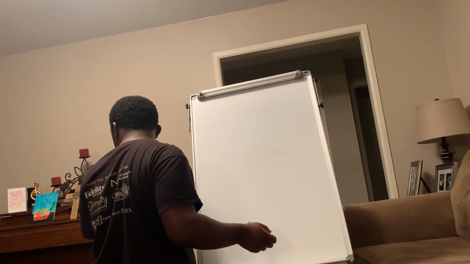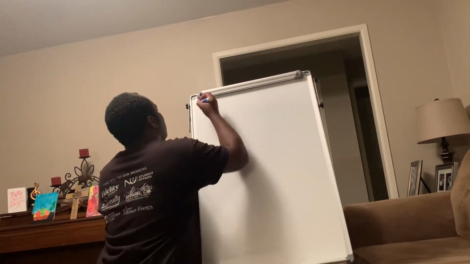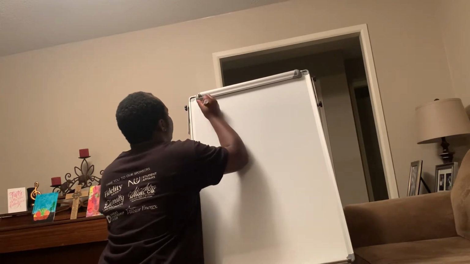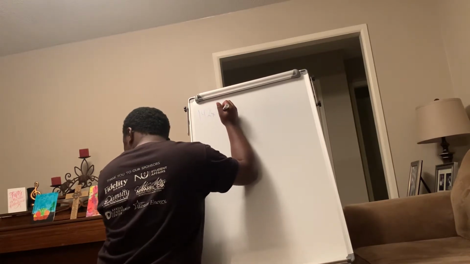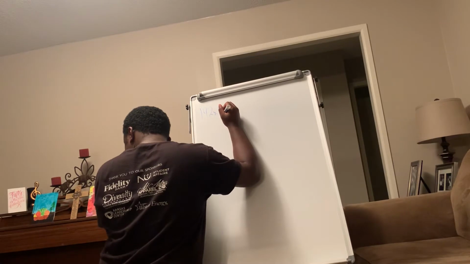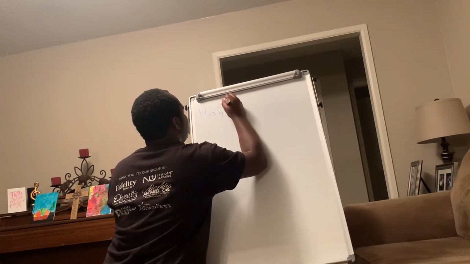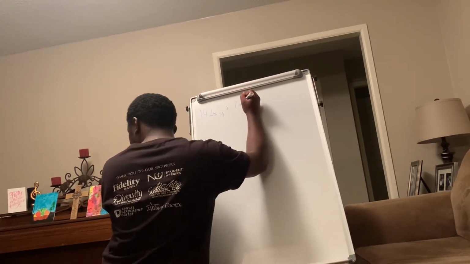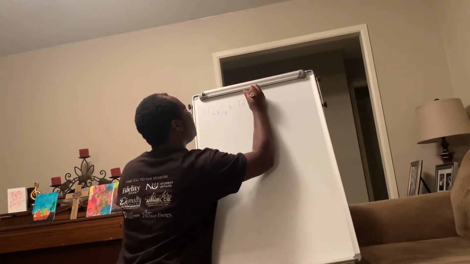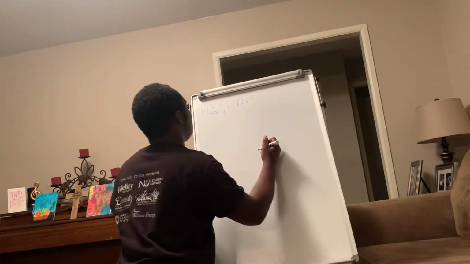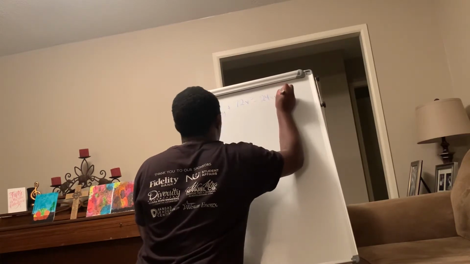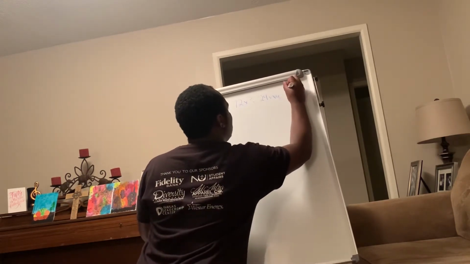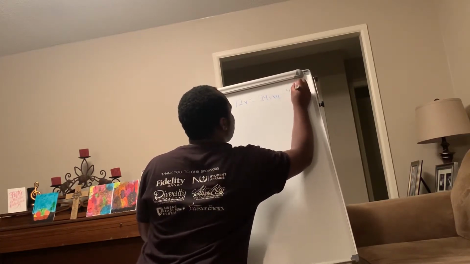The next one we have is 192x squared y plus 72x to the third minus 24rxy minus 9rx squared.